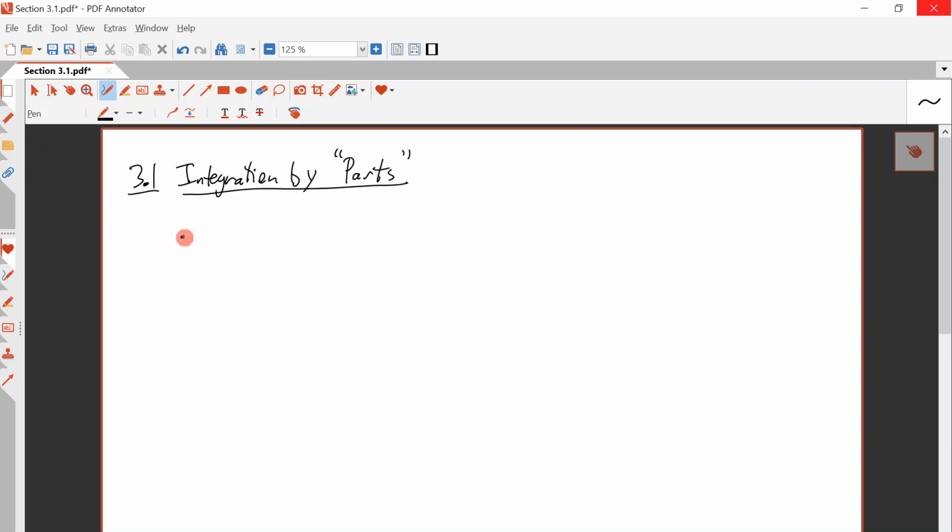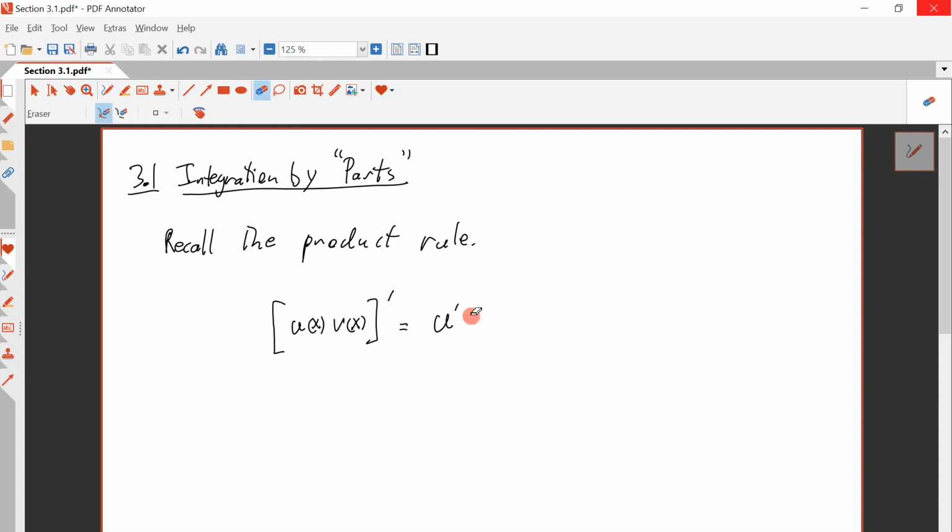Okay, so recall the product rule. The product rule states the following, right? If you have two functions, u(x) and v(x), and you want to take their derivative, then that is the derivative of u times v plus u times the derivative of v.